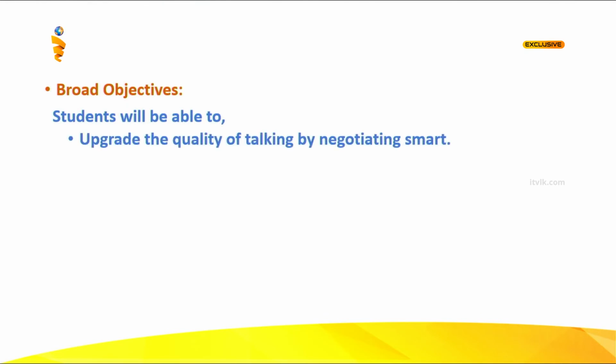And in a broad sense, the long-term achievable objective is that students will be able to upgrade the quality of talking by negotiating smart. It is sure that if we talk smart, it upgrades the quality of their delivery.